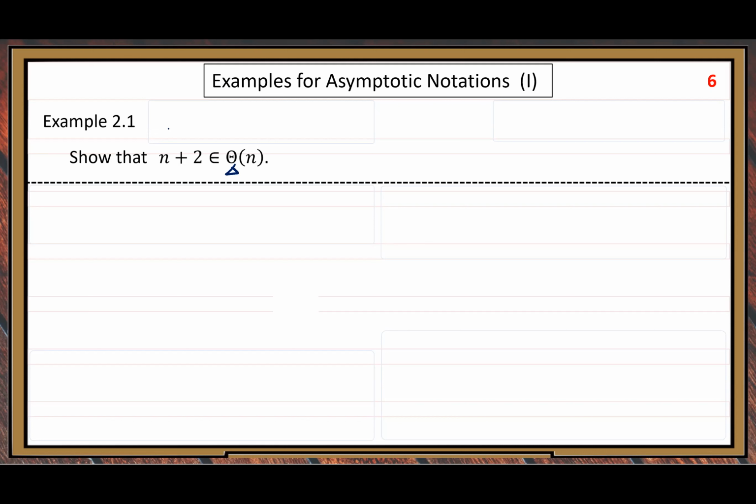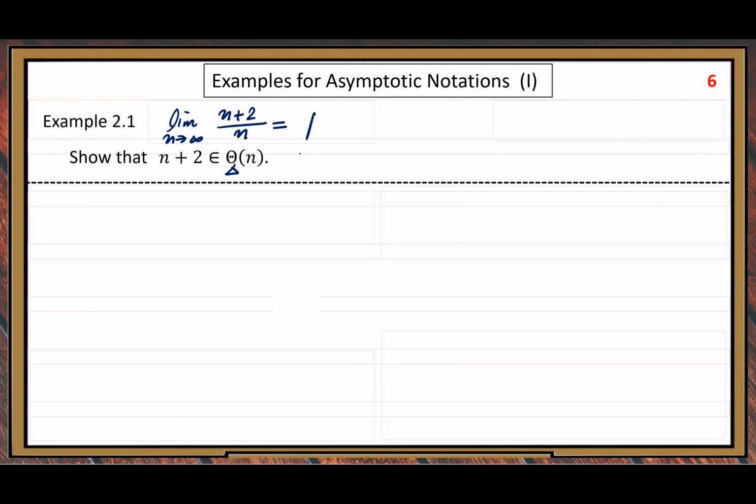So here we can calculate the limit as n goes to infinity of n plus 2 over n. It's easy to find the answer, right? It's 1, not 2. I do not need to explain how to get 1.